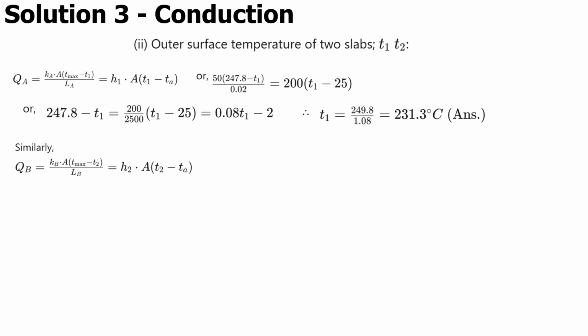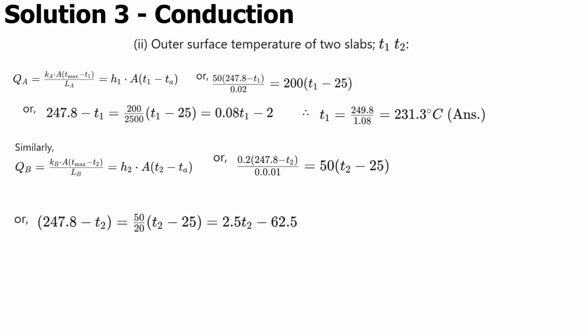Again, we equate the expressions, cancel out the area A, and then by substitution and simplifying the equation, we end up with a value of T2 equal to 88.6 degrees Celsius. This is the temperature of the outer slab surface B. This concludes our solution for example 3.